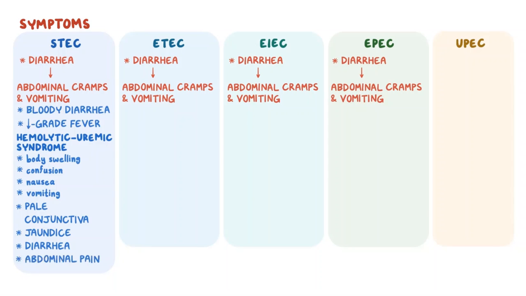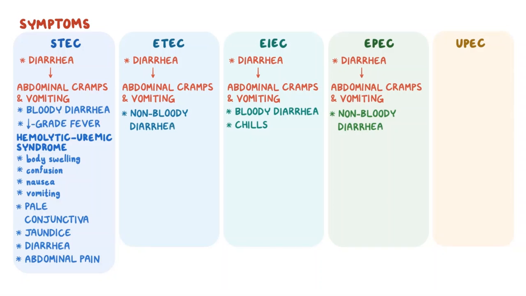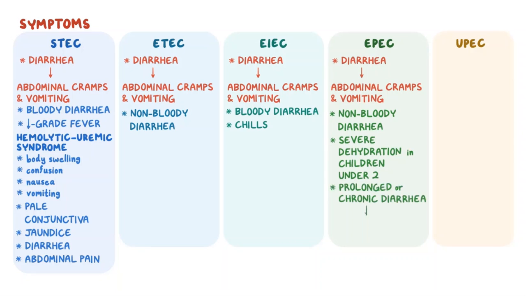With EIEC, there may also be bloody diarrhea and chills. With the remaining pathotypes, EPEC and ETEC, there's usually non-bloody diarrhea. EPEC causes severe dehydration in children under 2 and may cause prolonged or chronic diarrhea, which may lead to malnutrition or stunted growth.